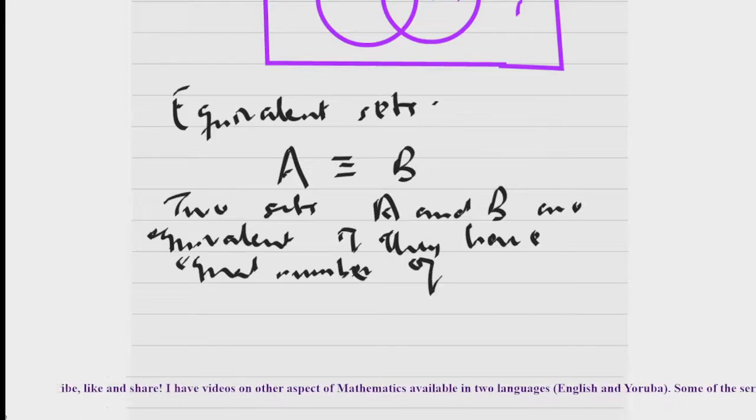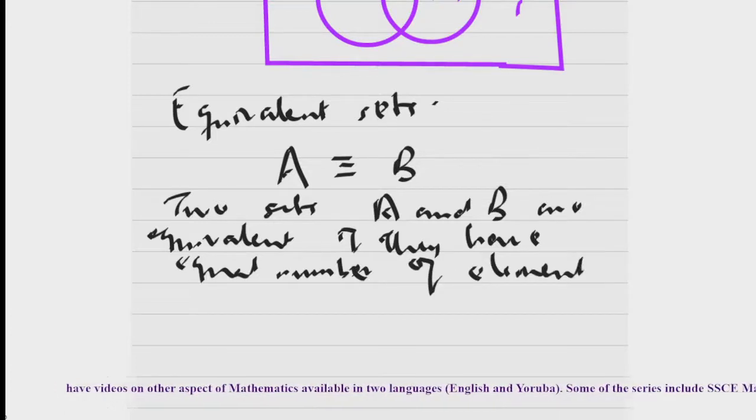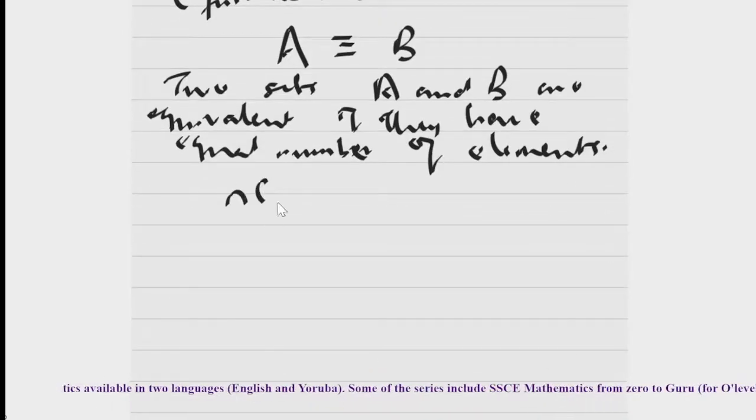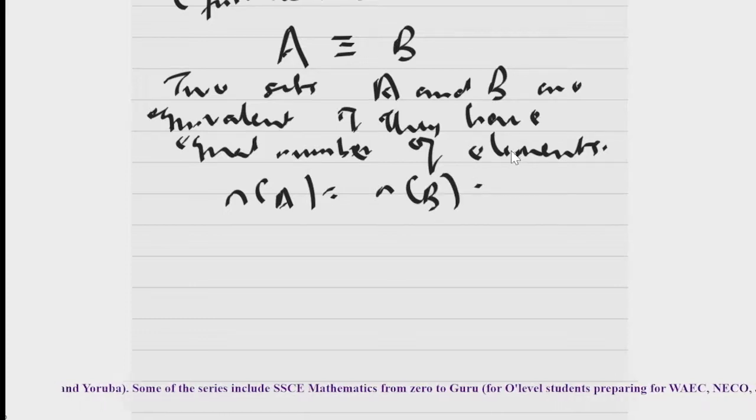You understand now? So in essence, their cardinality is the same. That is, when the cardinality of A is also the same thing as the cardinality of B, then you say these two sets are equivalent. Let me give you an example to back it up.